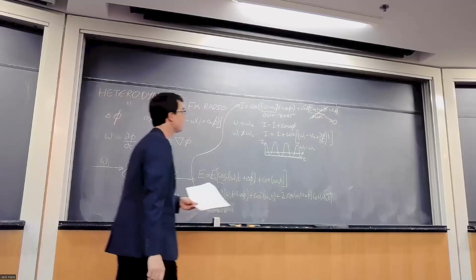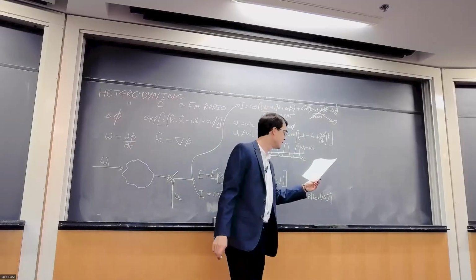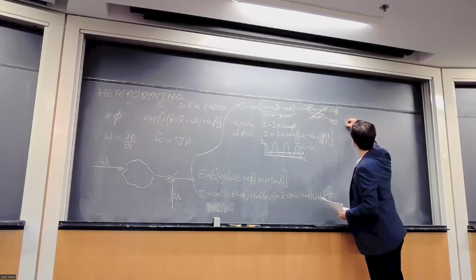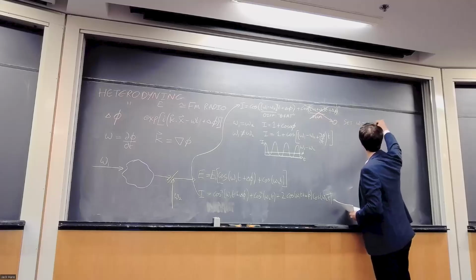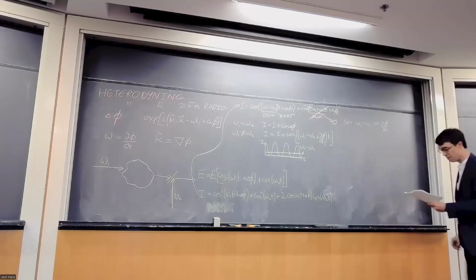But when that phase begins to change, this frequency itself is going to begin to change. And what we tend to do is we set our beat frequency omega 1 minus omega 2 to be much larger than the effective frequency we get from the time rate of change of the phase.